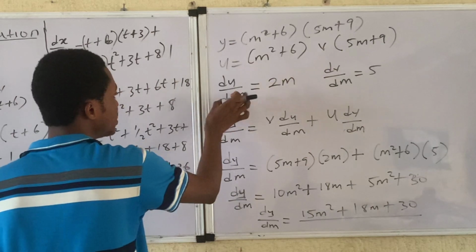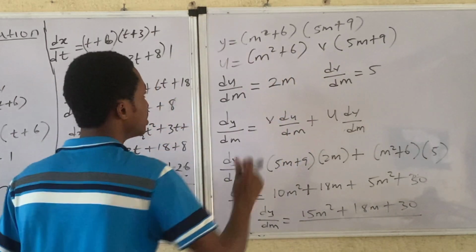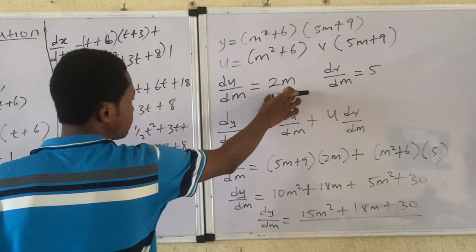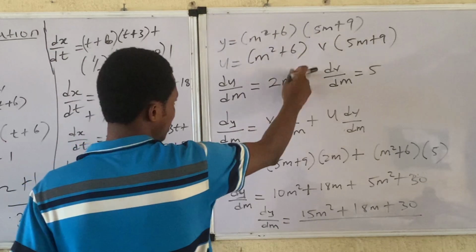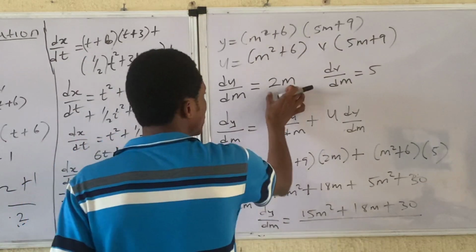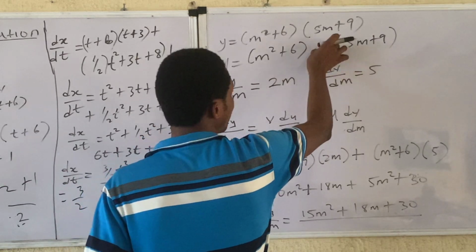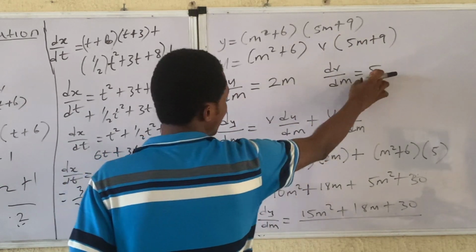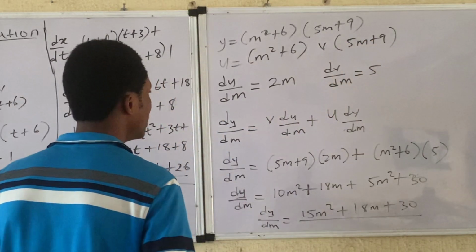So du/dm equals, differentiating this one, constant is 0. Differentiating m squared gives you 2m. Bring down the power, which is 2, remove 1 from the power, which is 1. That's how we got this value here. Now, differentiating v with respect to m, dv/dm equals 5. So the constant is 5. Differentiating 5m will give you 5.